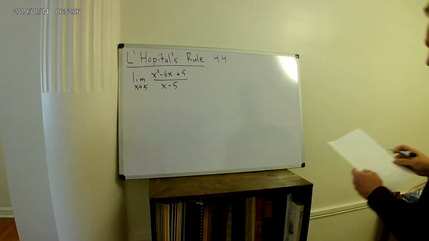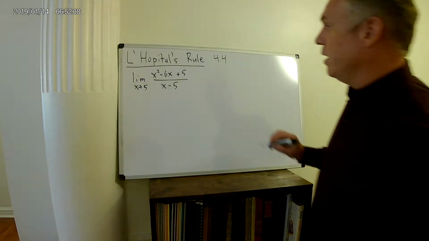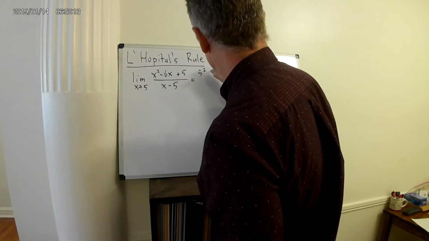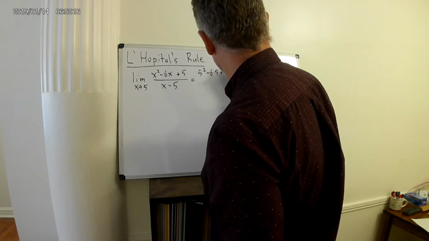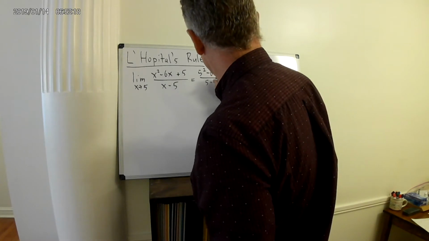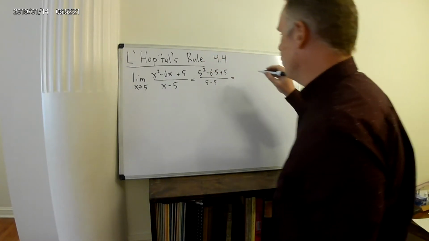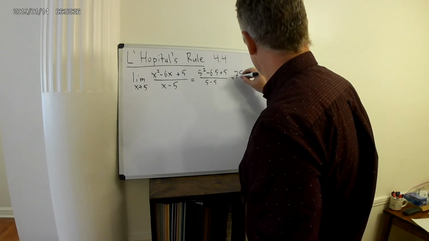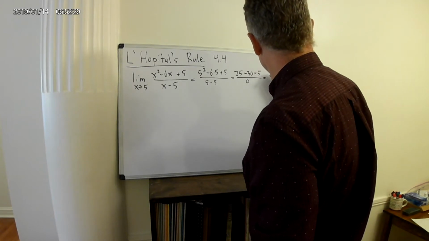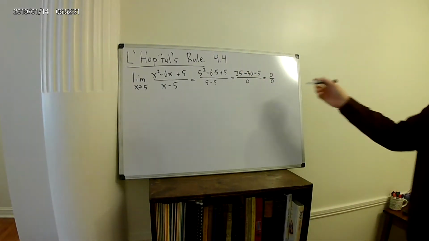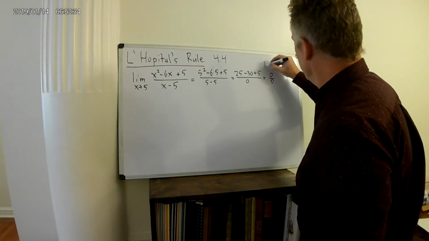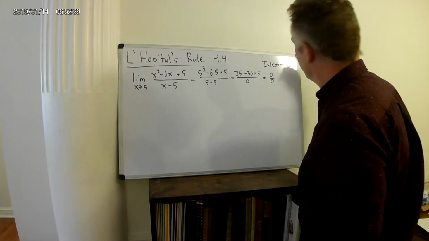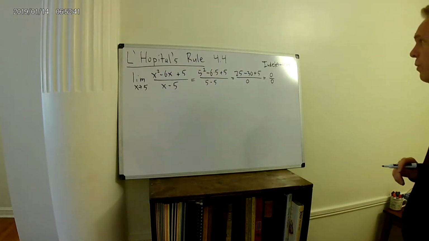If we just naively plug in 5, we get 5 squared minus 6 times 5 plus 5 over 5 minus 5, and this equals 25 minus 30 plus 5 over 0, which equals 0 over 0. This is called an indeterminate form of a limit. What do we do in this case?